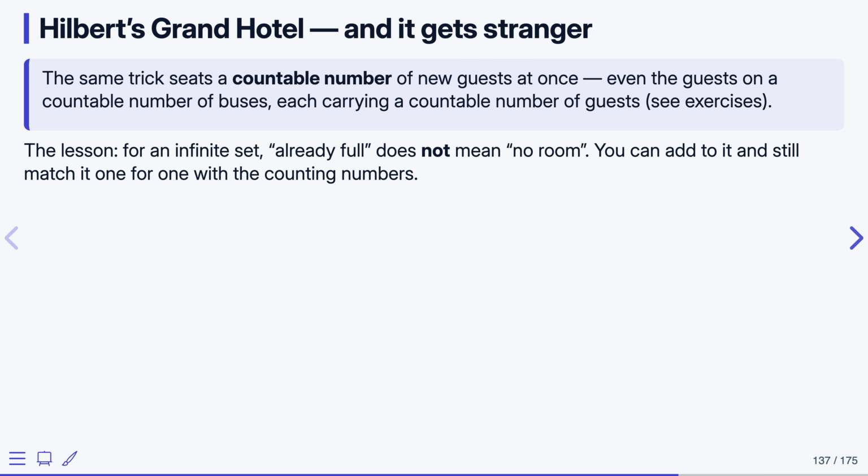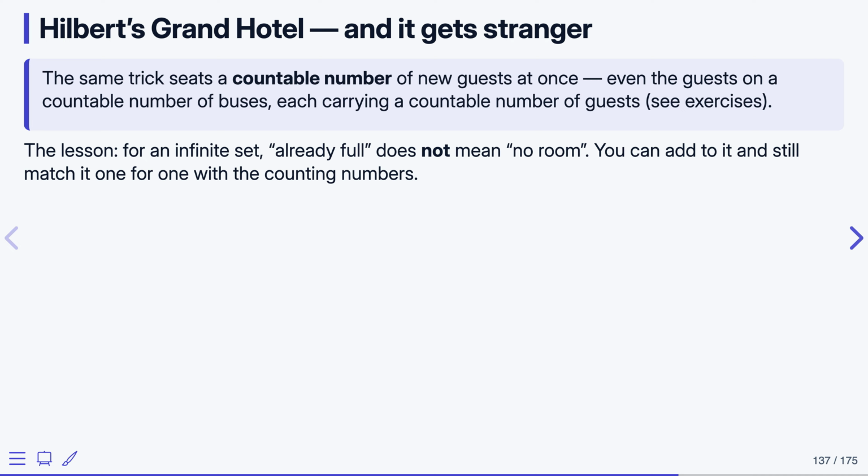And we can do more than seat one guest. With a similar idea, we can make room for a countable number of new guests all at the same time. And we can go further still. Imagine a countable number of buses pull up, and each bus itself carries a countable number of guests. Even then, everyone can be seated.